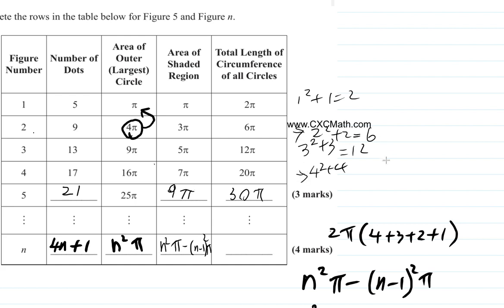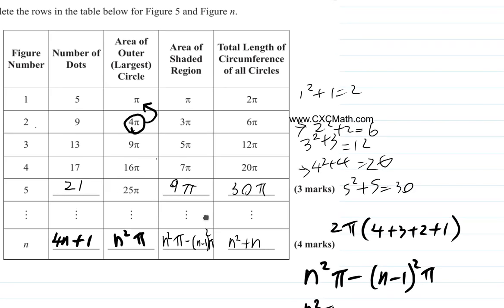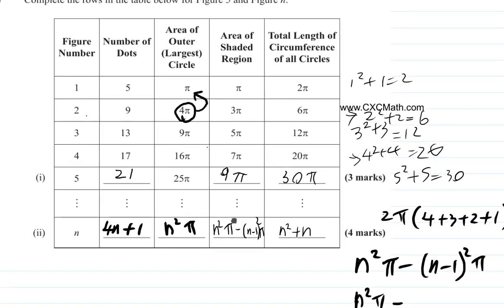And then 4 squared is 16 plus 4 is 20. And then you have pi. This was figure 5. This is 5 squared plus 5, which is 30. If you follow that pattern, then for n, it would be n squared plus n. That seems to be the case. Alright? So you have more than one way to try and figure out what the pattern could be in this type of question.